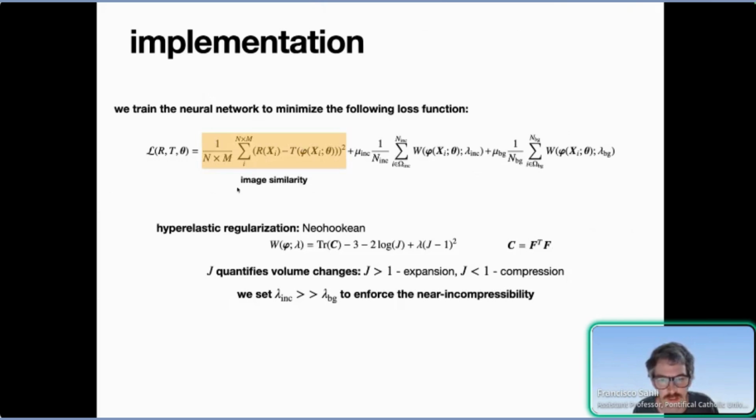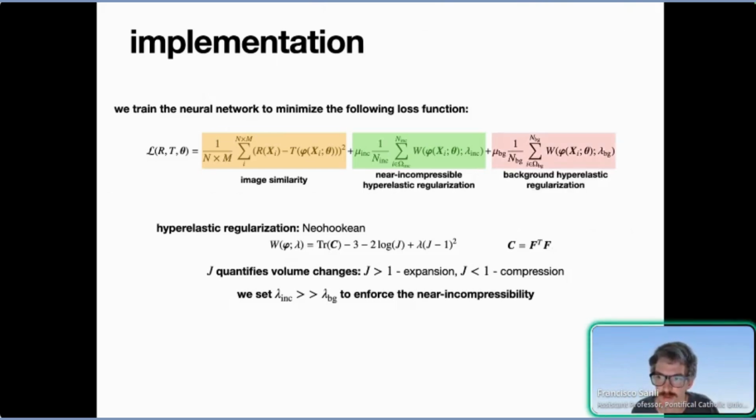First we have an image similarity term, which is standard for any image registration problem. We have a near-incompressible hyperelastic regularization, which is a very fancy term to say that the cardiac tissue should maintain its volume locally.